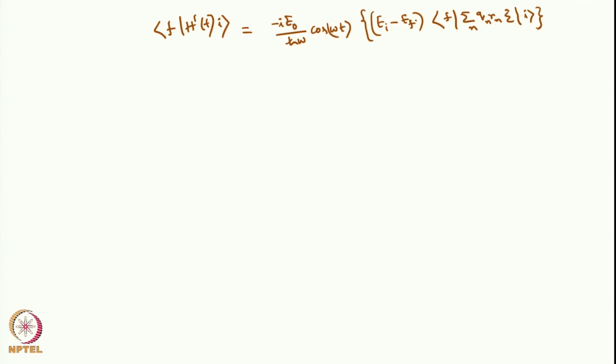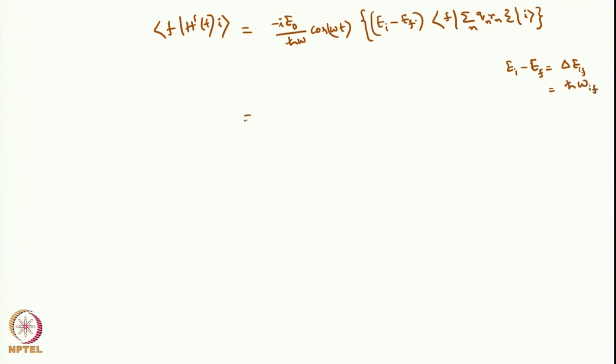Okay. Now, what is E i minus E f? E i minus E f, sorry, E i is equal to delta E i f. So, this is nothing but h bar omega i f.